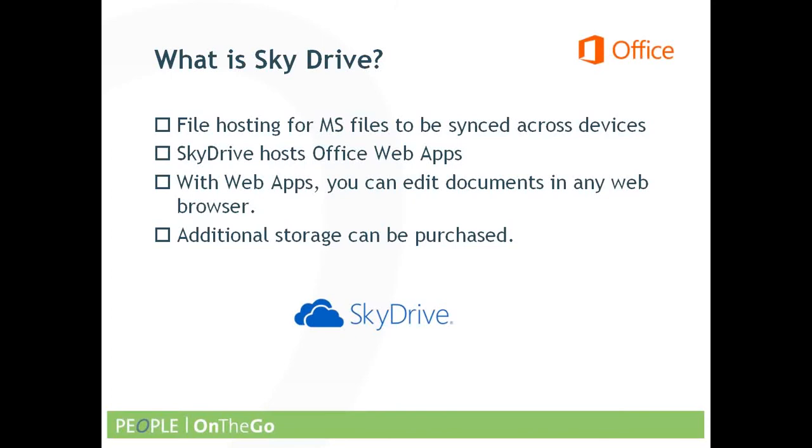If you find that you are storing a lot of files in this location, additional storage can always be purchased from Microsoft. So don't feel like you have any sort of limitation there. SkyDrive is a good replacement for an internal network. You can share documents around to your team, and I hope those links showed you some different ways of doing that and making that a little bit easier.